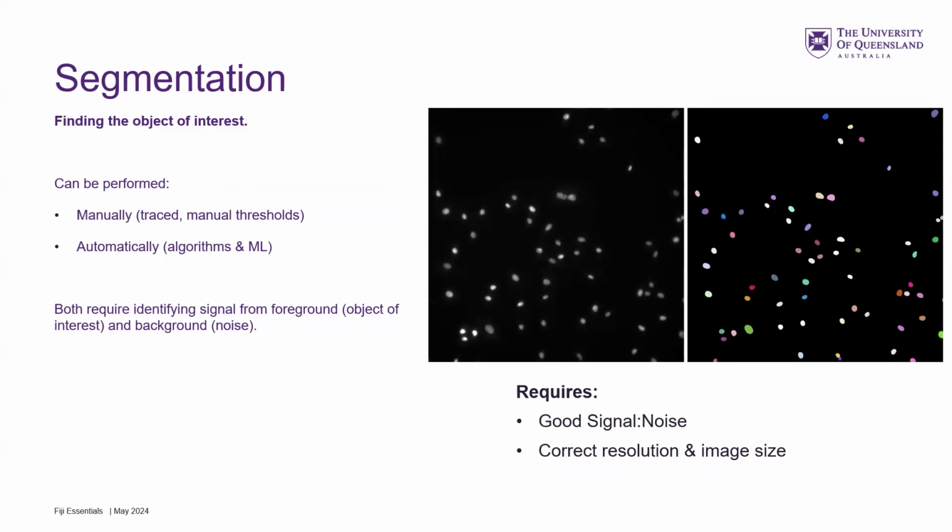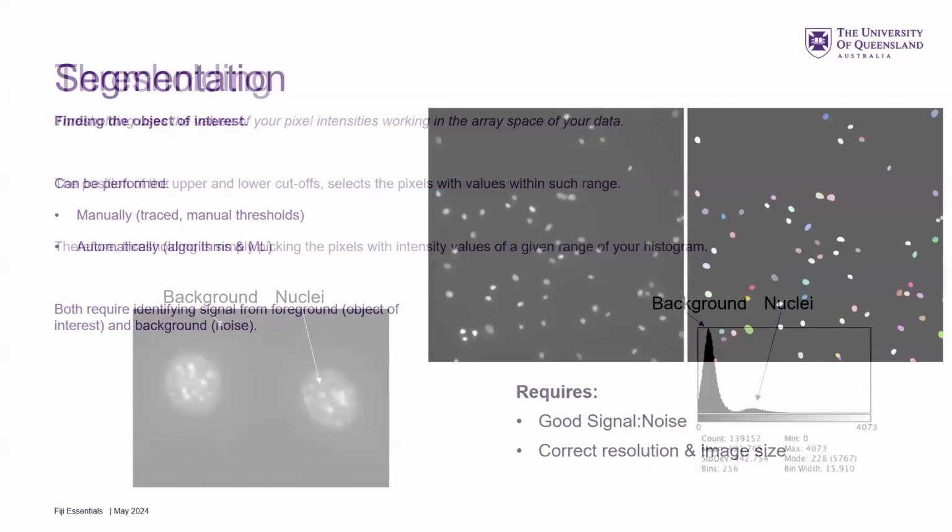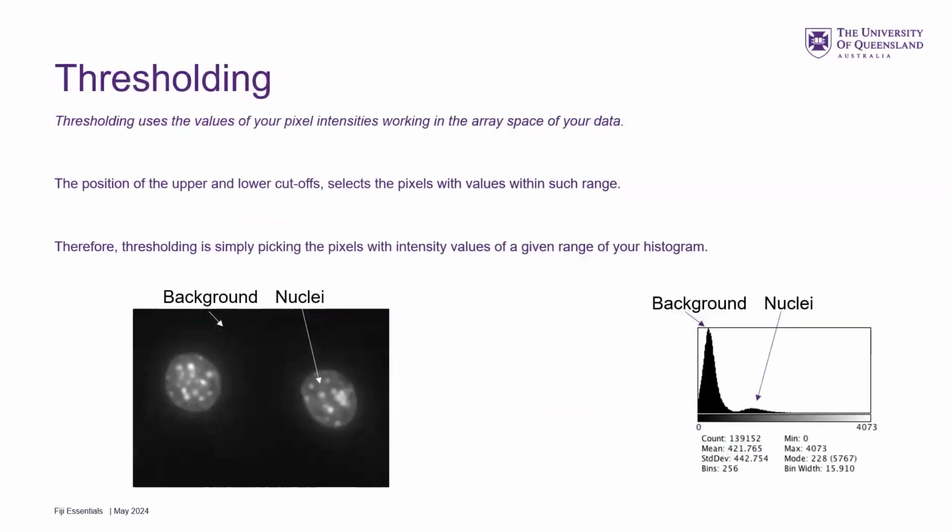It usually requires good signal to noise. What I mean by that is that the object you're interested in should be really bright relative to the background. And you want to make sure that you've got the right resolution and image and canvas sizes and things like that. But what thresholding is, it's using the intensity values to divide your image into foreground and background, or your interested thing and not interested thing.